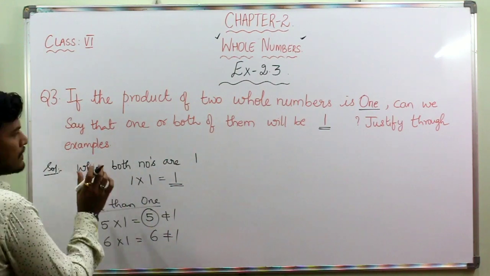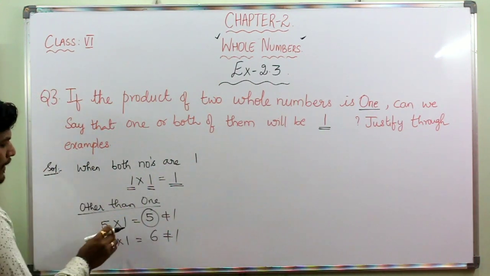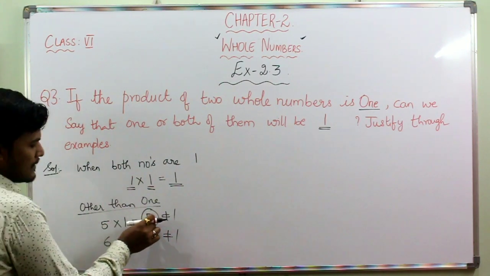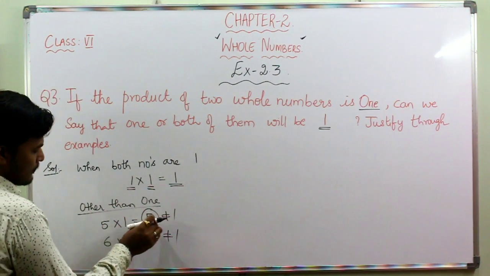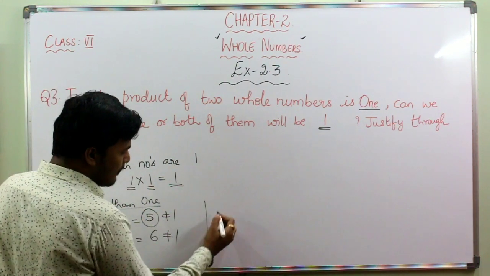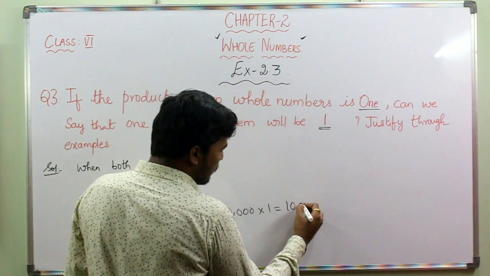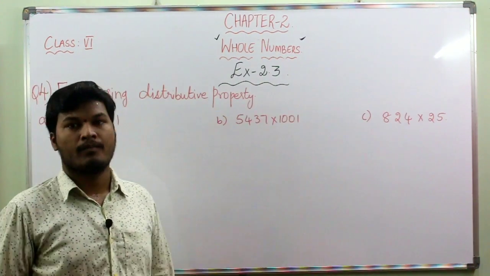So only this is possible when both the numbers are 1. If we multiply any number with 1, we will get the same number as the product. For example, 5 into 1 is 5, 6 into 1 is 6, 10,000 into 1 is also 10,000, but we will not get 1 as the product.